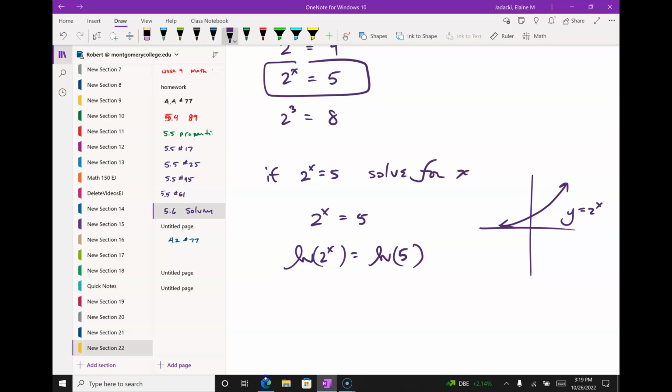Remember what I said? If f of a equals f of b, then a has to equal b. The same way, if a equals b, then f of a had better equal f of b if it's 1-to-1. So what property can I use?